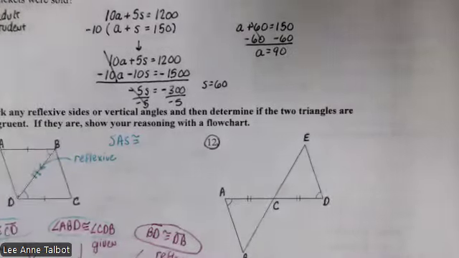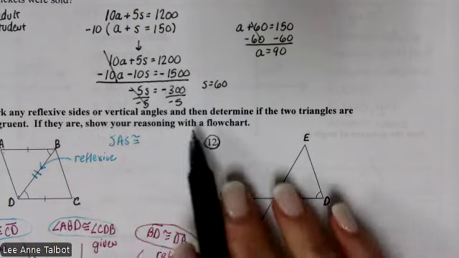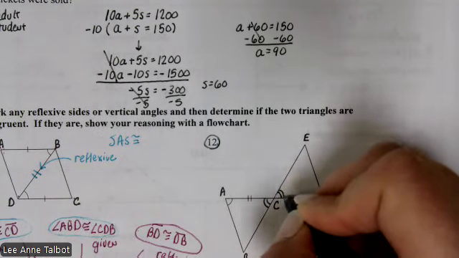Okay, now we're going to move down to the flow chart down here. Number 12, it says mark any reflexive sides or vertical angles, and I can see vertical angles right here.